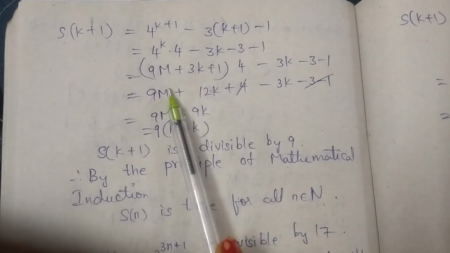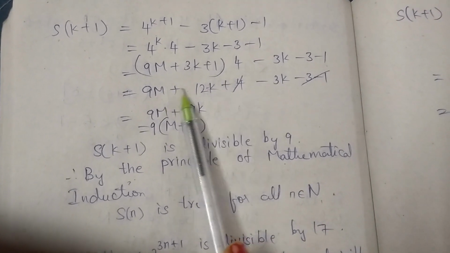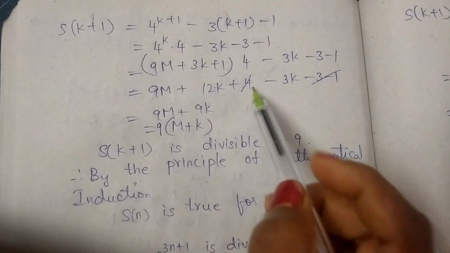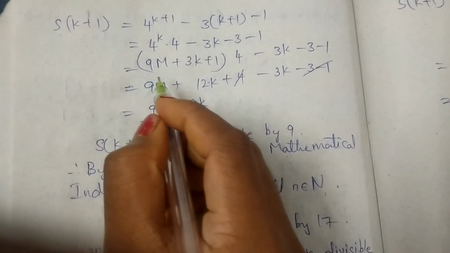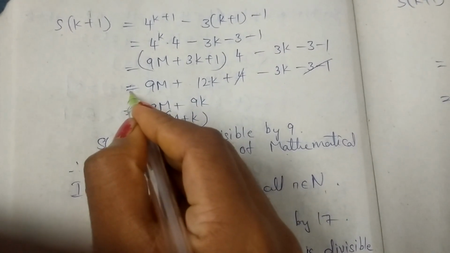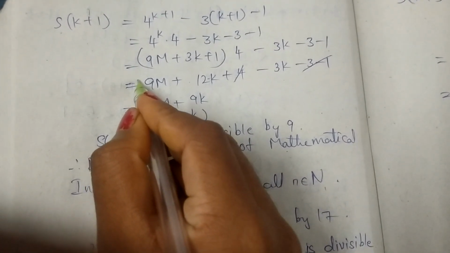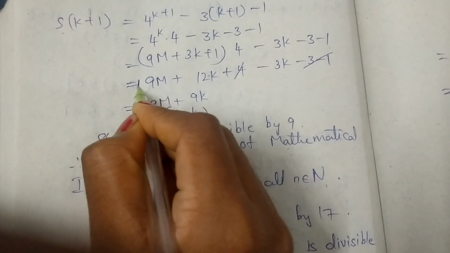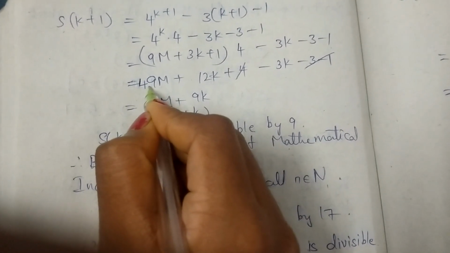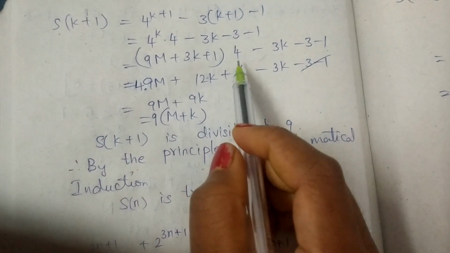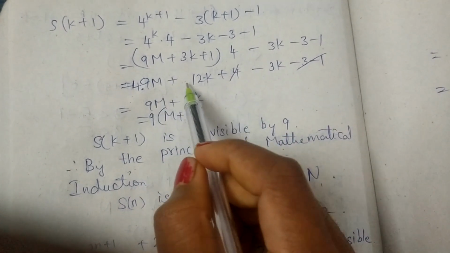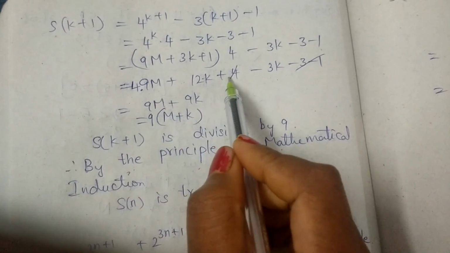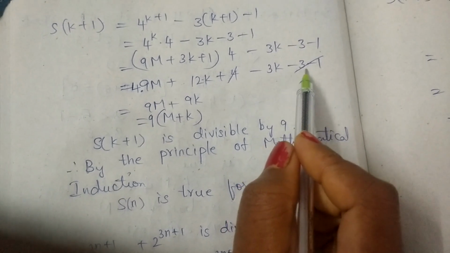So now simply separate it by multiplying it: 4 into 9m plus 12k plus 4 minus 3k minus 3 minus 1.